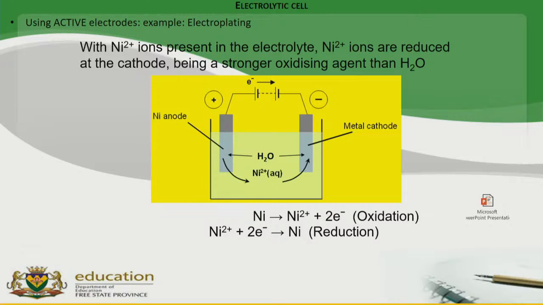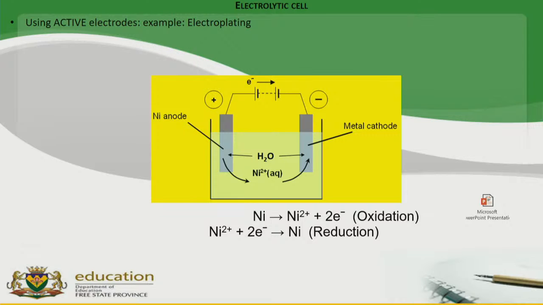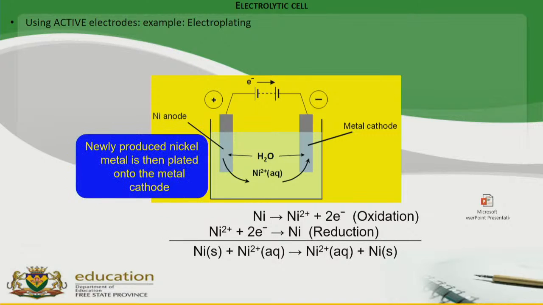Because as nickel is oxidized to nickel ions at the anode, nickel ions are reduced to nickel at the cathode. So the rate of oxidation equals the rate of reduction. Therefore, the concentration of your electrolyte will remain constant. Therefore, the overall reaction will be nickel plus nickel ions forming nickel ions plus nickel.